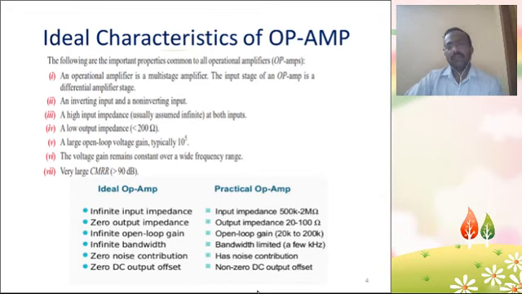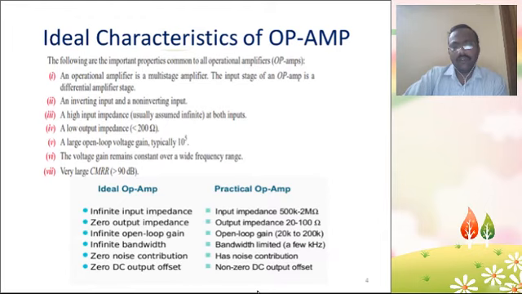One is the inverting input terminal, another one is the non-inverting input terminal. It has very high input impedance, usually assumed infinite at both ends, and a low output impedance, generally less than 200 ohms.